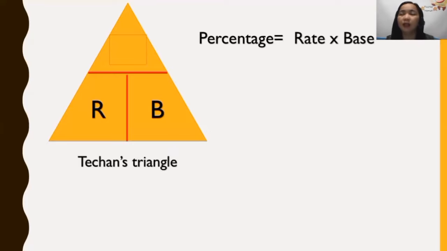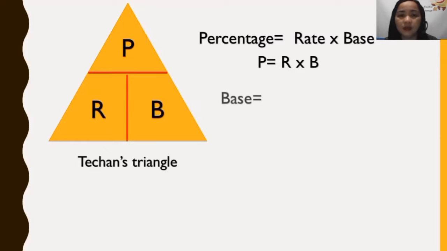In algebra, if two variables are beside each other, the operation means multiplication. So here we have P is equal to rate or R times B. The position of base and rate can be swapped, because you might see B or base times rate in other books. It's the same, because of the commutative property of multiplication.